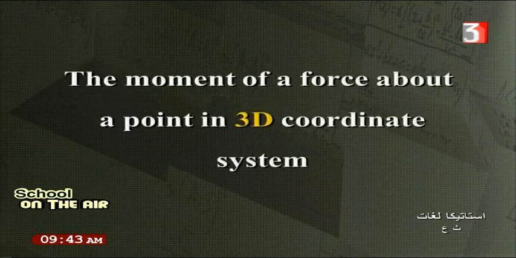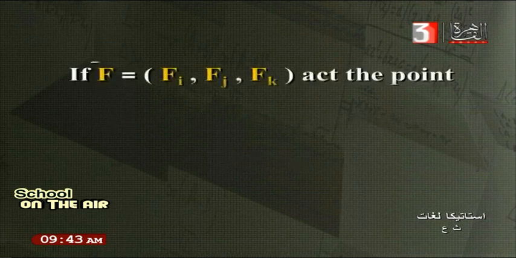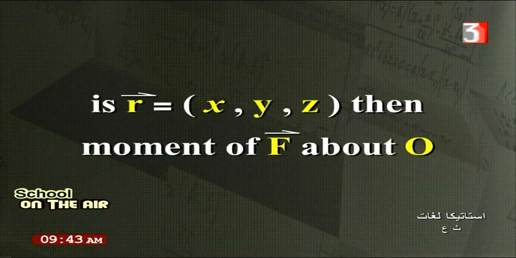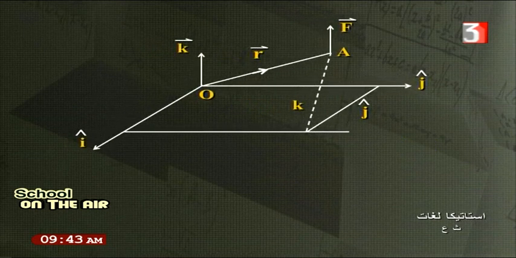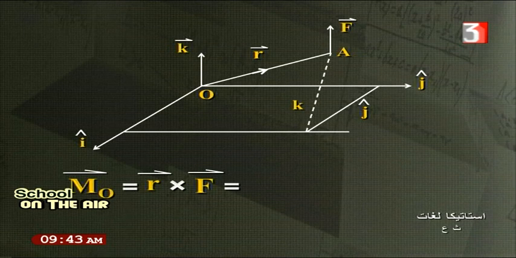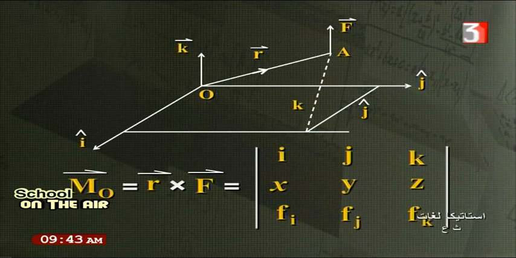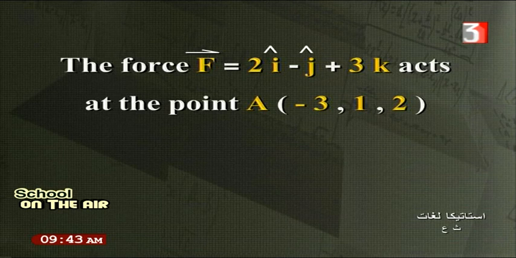The moment of a force in three dimensions. If we have a force in three dimensions acting at a point x, y, z with position vector r, the moment about O is r vector cross F vector, using the determinant from solid geometry: first row i, j, k, second row the x, y, z components of r, third row Fx, Fy, Fz components of the force F. The force F is 2i minus j plus 3k at the point negative 3, 1, 2.